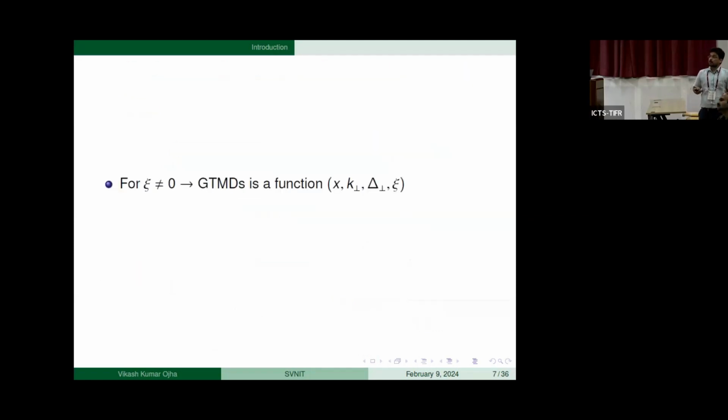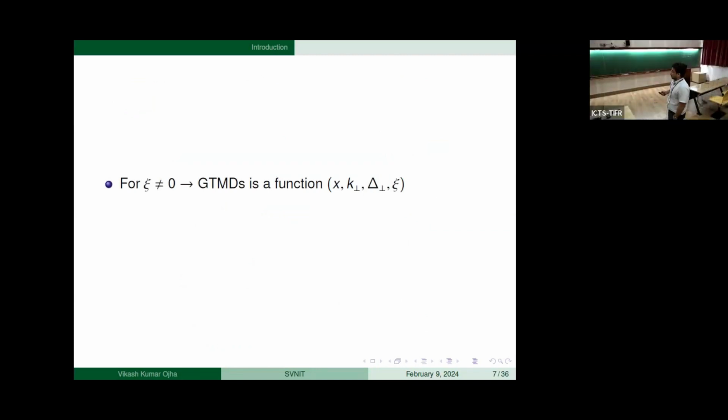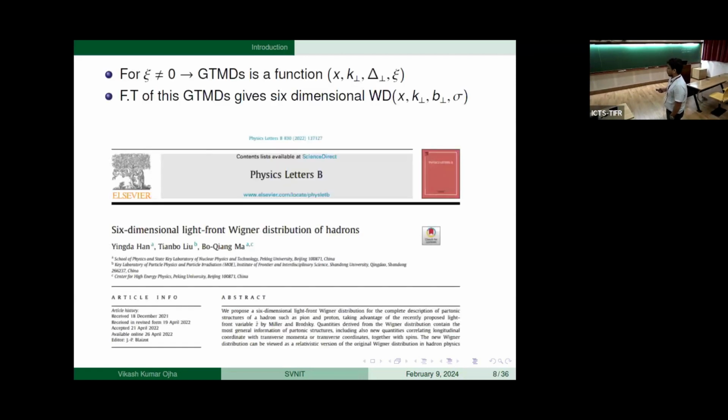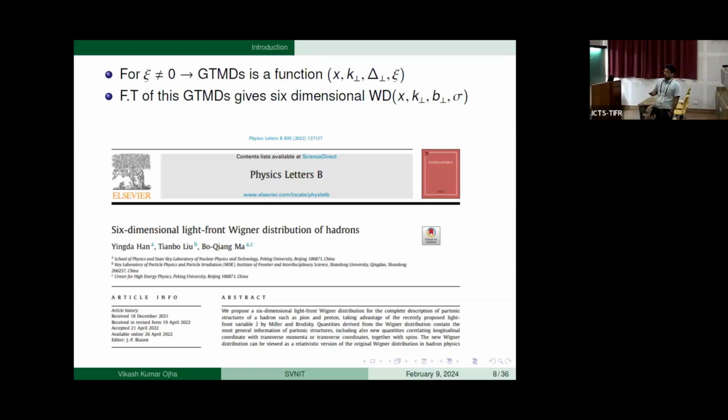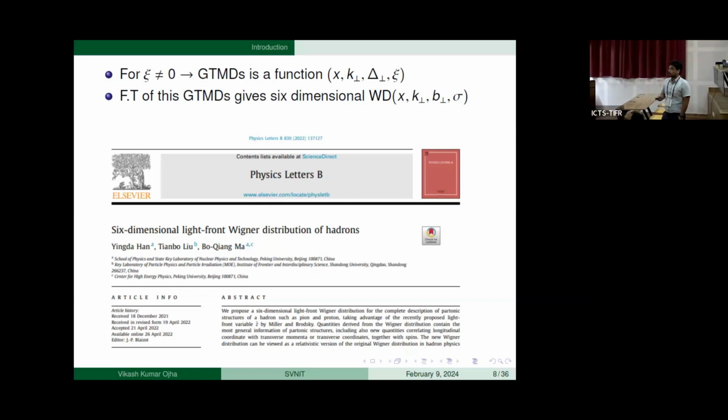Now for non-zero skewness, we have GTMD, which is a function of x, k_perp, delta_perp, and this skewness xi. And if we take the Fourier transformation of such GTMDs, we get this Wigner distribution which is 6-dimensional. So earlier when we took skewness to be 0, the Wigner distribution which we obtained was 5-dimensional, and now the Wigner distribution is 6-dimensional. And this particular paper discussed this distribution for hadrons.